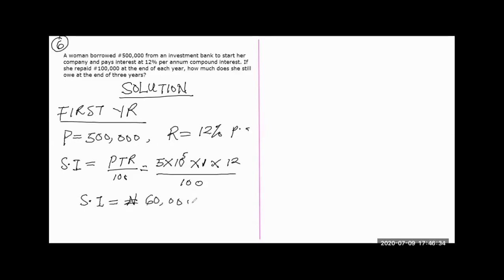So the amount that the company will have is: amount is I plus P. At the end of the 1 year, P is 500,000 naira, so we are going to have 560,000 naira. This is what the company is expected to have at the end of 1 year.